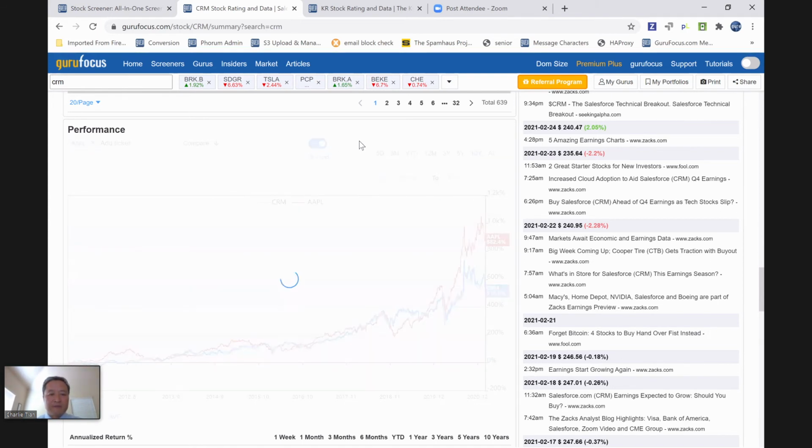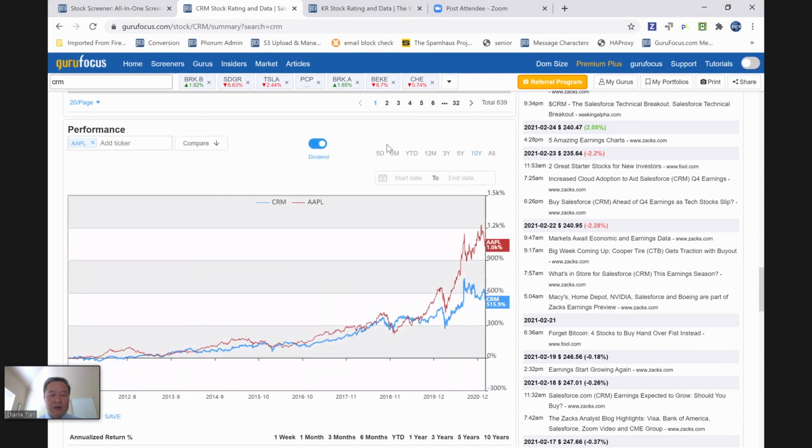For instance, if I click on that dividend button, the page is updated, but because Salesforce does not pay a dividend, this chart does not change. But Apple pays a good dividend, so you can see that the gain of Apple increased quite a bit here. So that's about the dividend.